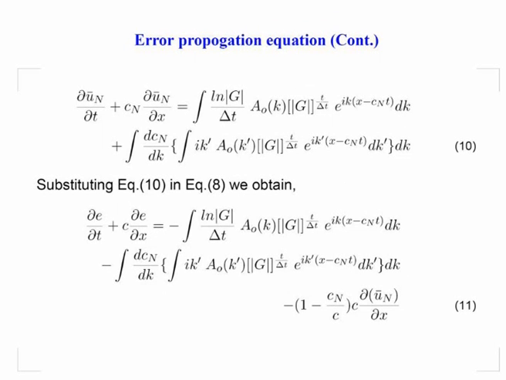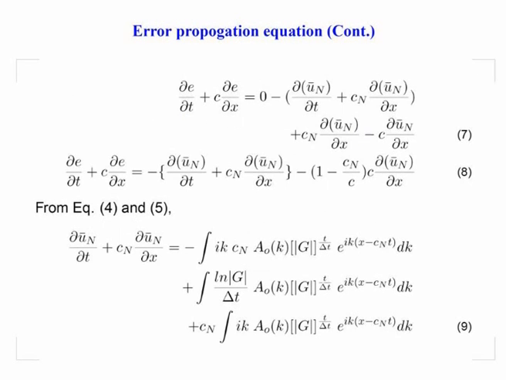Now, in the previous slide, I could see that here C n is inside the integral, and here C n is outside the integral, right. So, what I could do is integrate this by parts, because C n and the other thing are also functions of k.